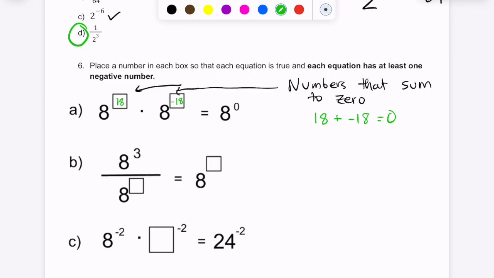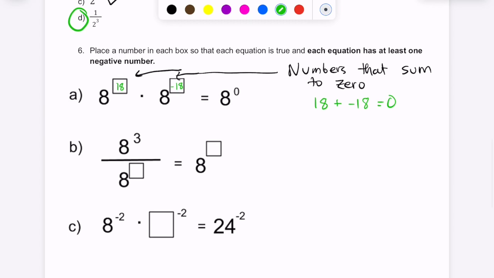Okay, so any pair of opposite numbers would work. So 7 and negative 7, 15 and negative 15, 2000 and negative 2000, anything like that would work. Cool. And one of these is a negative, obviously.